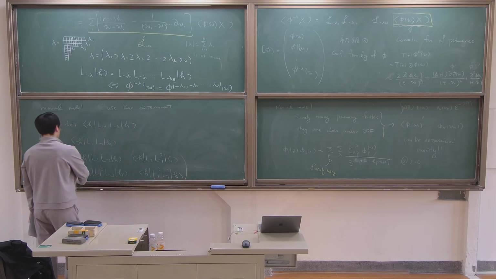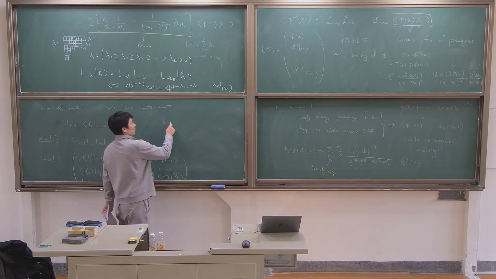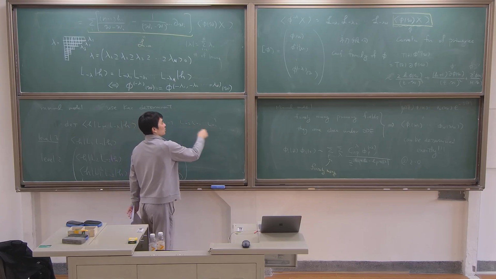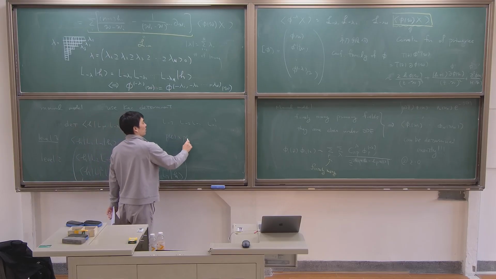These are matrices. So this is 2 by 2, this is 1 by 1. How about level 3? How many columns do you have? 3. Good. Because at level 3 you have L_{-3}, L_{-2}L_{-1}, L_{-1}^3. And essentially we have p(L) by p(L) at the level L.